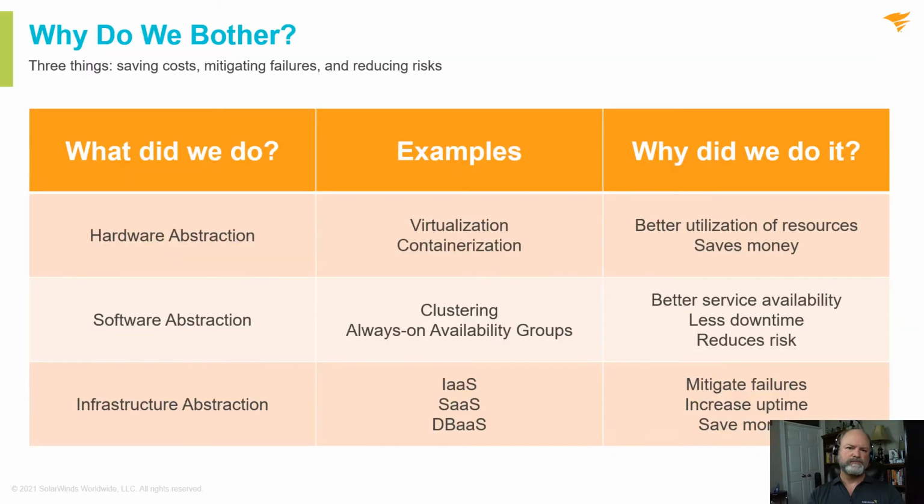And so we build our products with a certain sort of philosophy, right? So if we want to abstract out our hardware, for example, then we're going to look at things like virtualization and containerization. It helps us save money, right? If we need to know more about, say, the software abstraction layers of clustering and availability groups, then we're going to do that in order to have a better service level, to have less downtime, to reduce our risk, and ensure high availability.